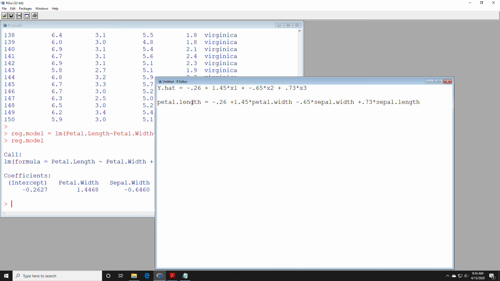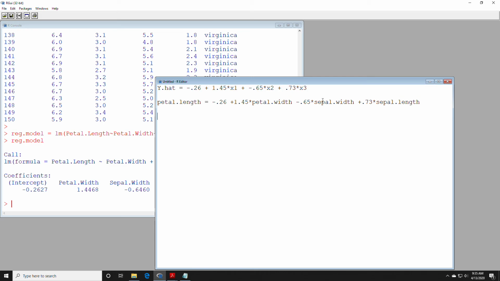So in this case, it would be saying that the estimated petal length of a flower that has 0 petal width, 0 sepal width, and 0 sepal length is this, which of course doesn't make sense. So that implies in this example that the intercept is not something that's very interpretable or useful to us. But these other betas are, okay? We can still consider these slope parameters.